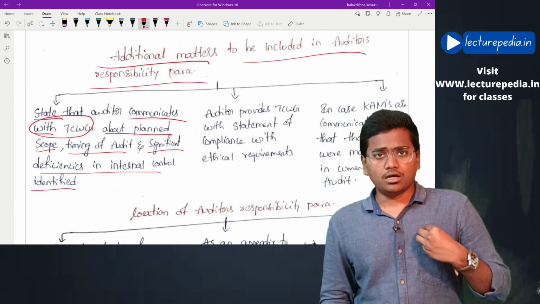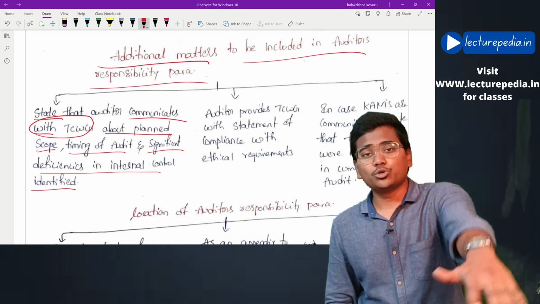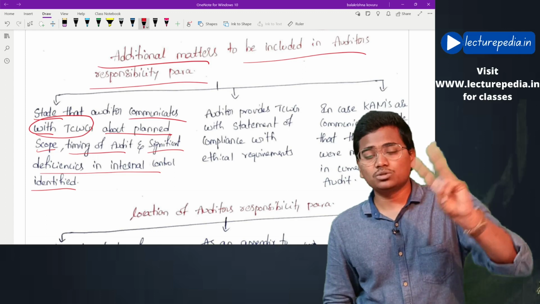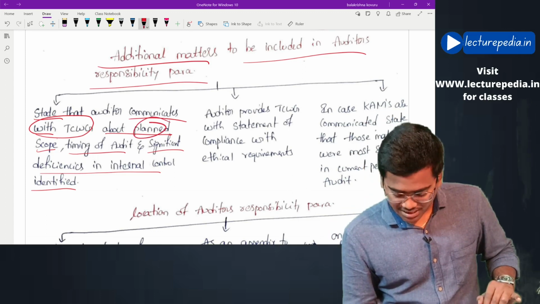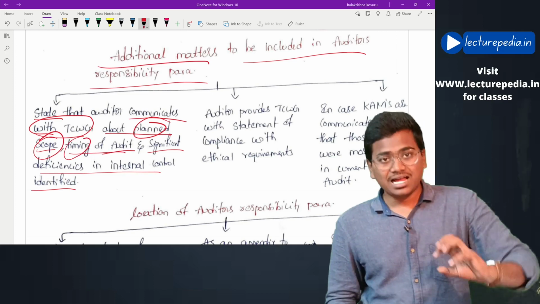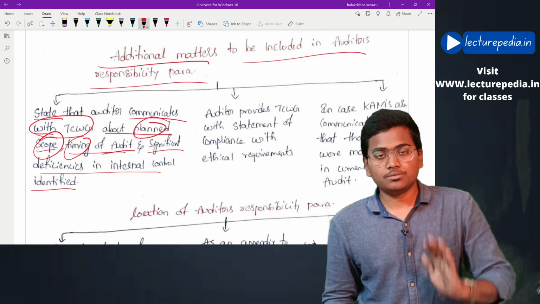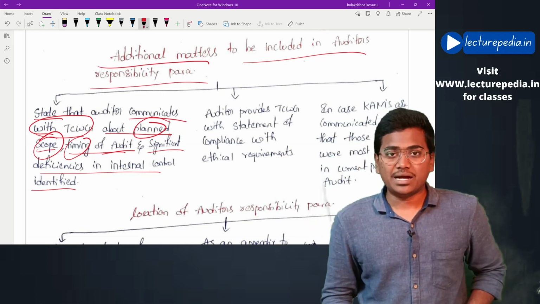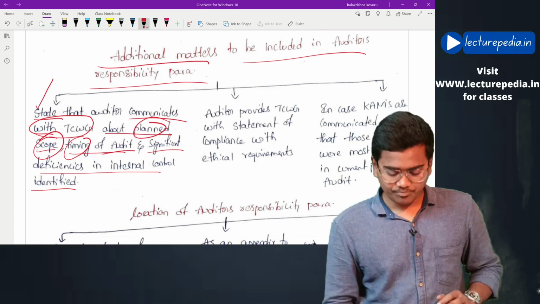Okay, auditor must say that auditor will communicate with those charged with governance relating to 3 aspects. What are they? Planned scope and timing of audit, and in case there are any significant deficiencies in the internal controls, even that I will communicate with the management. This has to be mentioned as one of the responsibilities.